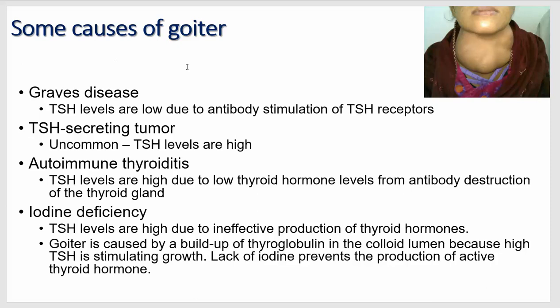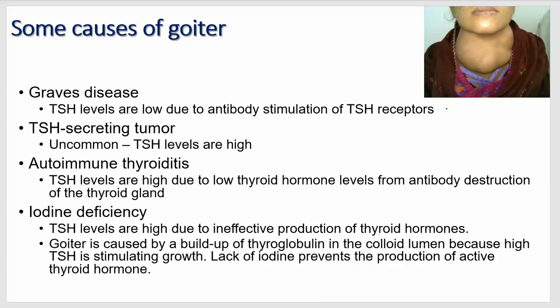All right, so causes of goiter. Graves' disease, if TSH levels are low due to antibody stimulation of the TSH receptors. We've already been through this, so I don't want to really go through it again. TSH secreting tumor, that's going to cause overactivation and goiter, so it's uncommon, but the TSH levels obviously would be high if the tumor is secreting them.